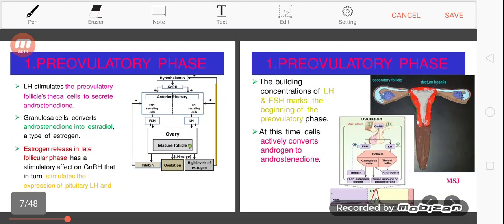Let's look into the first phase, the pre-ovulatory phase. What triggers the follicles to enter the pre-ovulatory phase? The trigger is actually LH, which stimulates follicle development. Remember the last chapter 5, folliculogenesis. Primordial follicles develop into primary, primary into secondary, secondary into tertiary, and eventually the tertiary develops into Graafian.